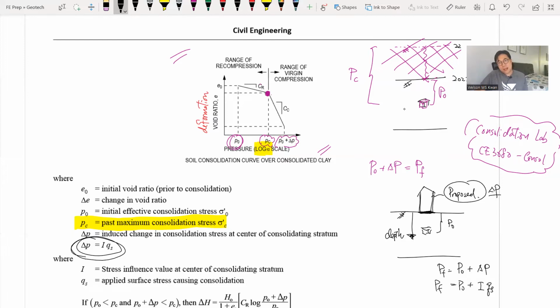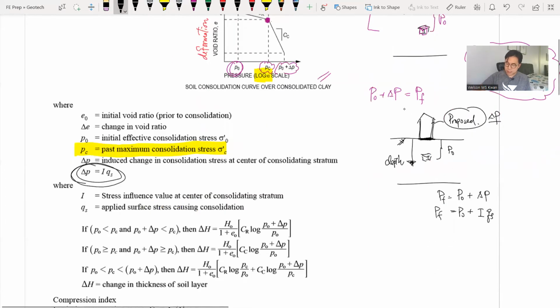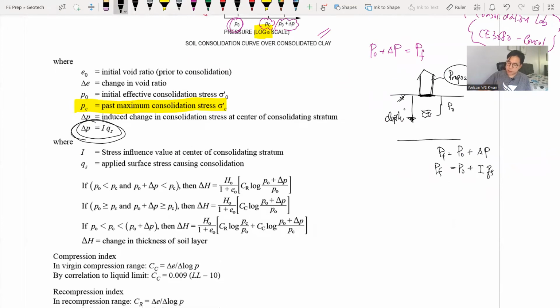So in settlement analysis, how your initial stress and final stress relate to the maximum past pressure is very important, such that it falls into the three equations right here. These three equations give us three different scenarios. I call them case 1, case 2, and case 3.